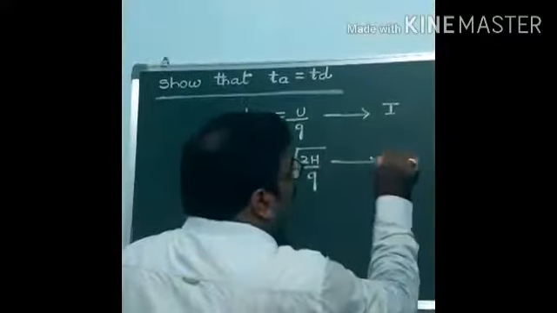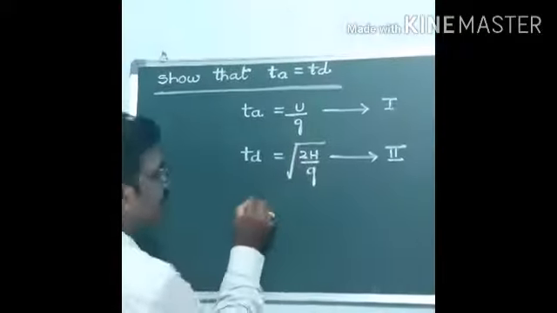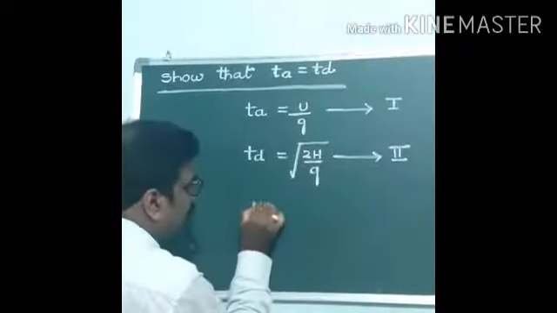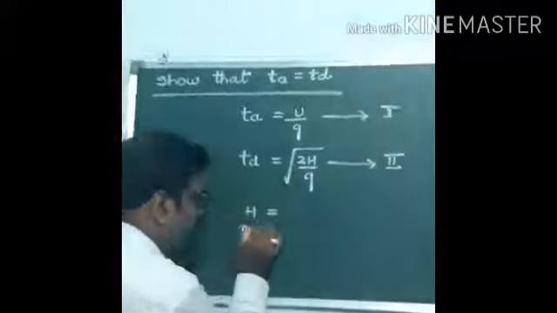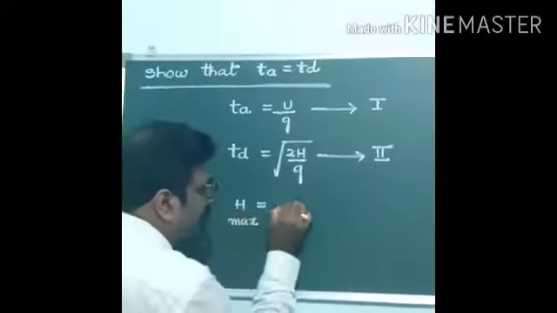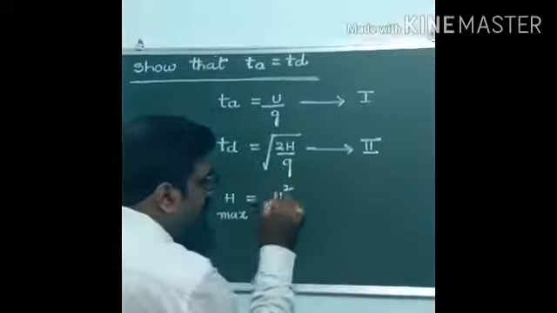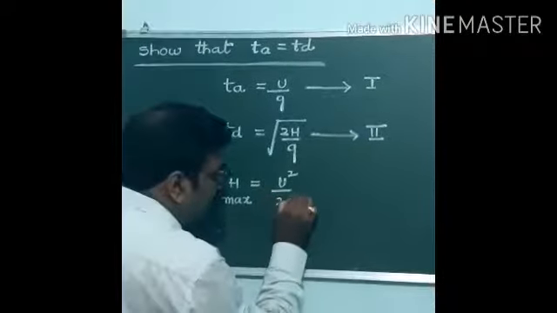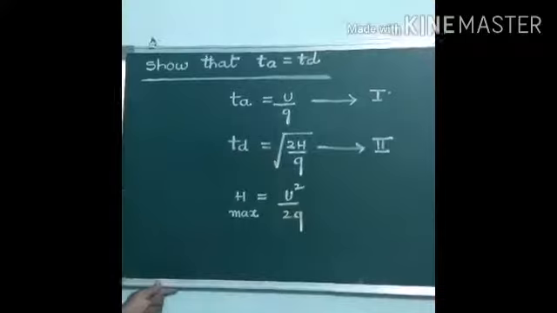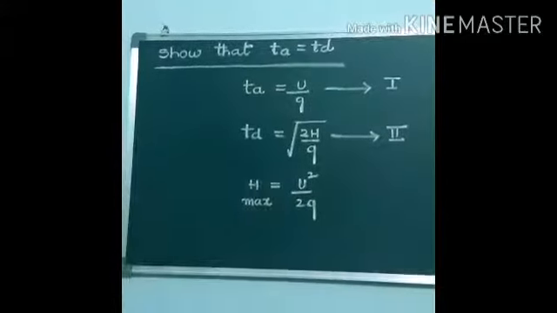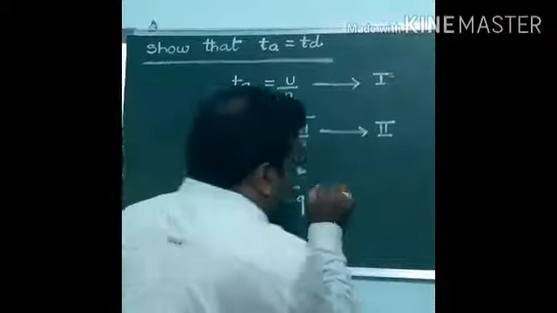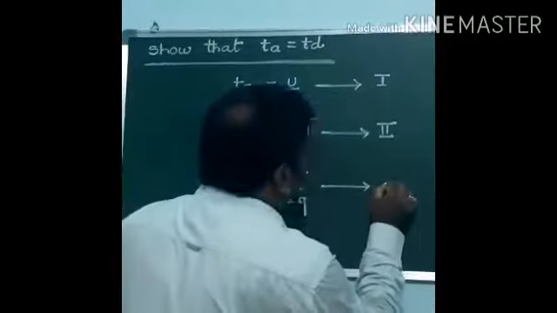In the previous class, we discussed h maximum equals u square by 2g. This is equation number 3.